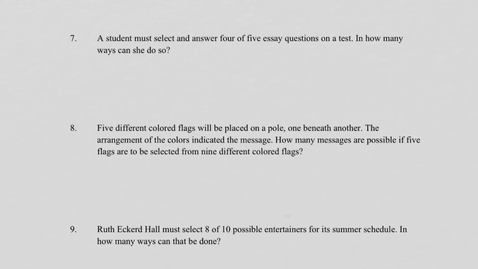Okay, number 7. A student must select and answer 4 of 5 essay questions on the test. How many ways can he or she do this? So, does this sound like 2 or 1? It's 1. Okay? He's just doing 4 to 5. All right.